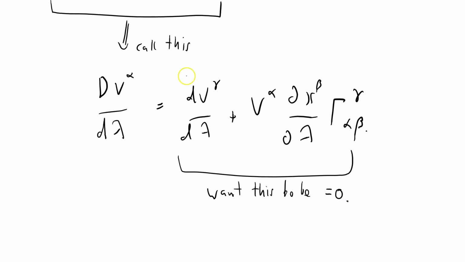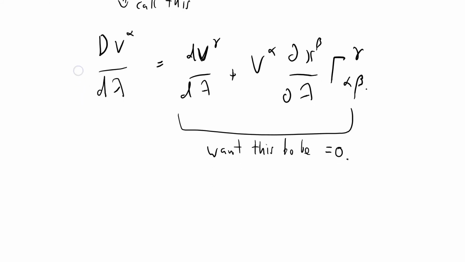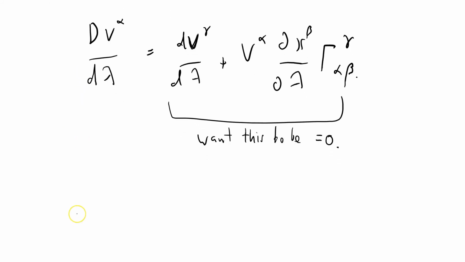So what have we got? We've got the vector itself changing as we go along. It's not the vector itself, it's the components of the vector. These are the components of the vector changing, plus a term that accounts for the fact that the coordinate bases themselves are changing. It's a little bit cheeky, this. I've made a slight lacuna here because we've got our little path here, and of course things are moving along there.